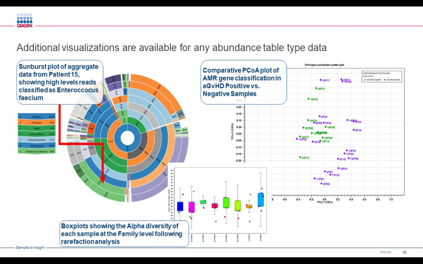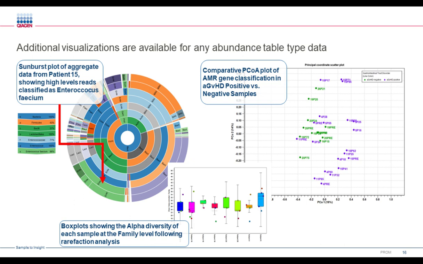We applied a Bray-Curtis distance matrix and ran PCoA on these samples, and you can see that there is a very good separation of AG-VHD positive versus negative patient samples. The vast majority of the healthy samples are clustering in the center, whereas the adverse reaction and patient samples are sort of around the perimeter.